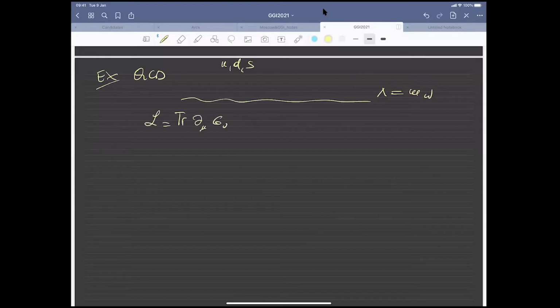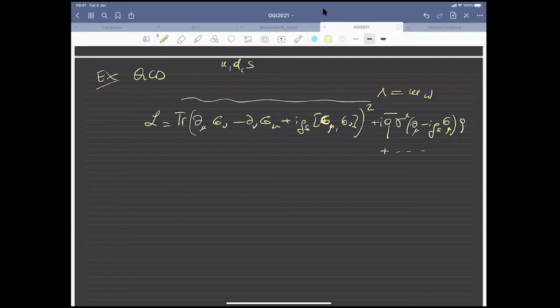Just being very sloppy with coefficients, the Lagrangian is minus one-fourth G_{μν} squared, with G_{μν} containing the coupling g_strong, plus the quark fields, q-bar iγ^μ D_μ q, with D_μ containing minus i g_strong G_μ, plus higher dimensional operators.